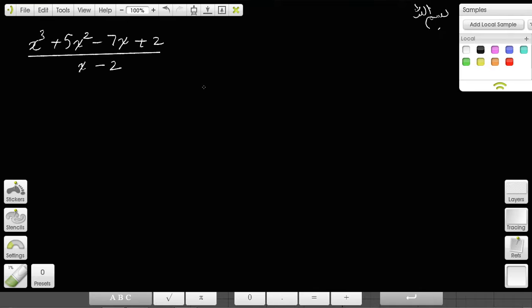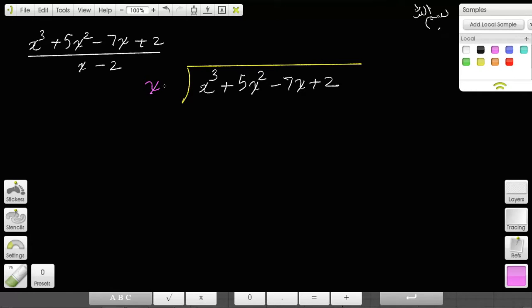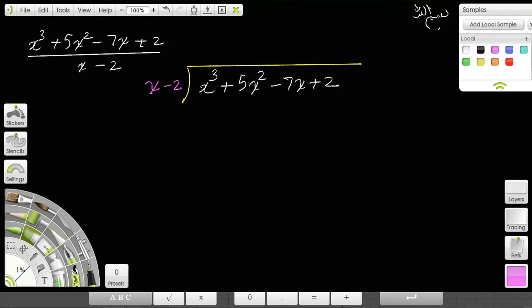If you recall, you just write x cubed plus 5x squared minus 7x plus 2, making sure you fill any missing x terms with 0x. And then you put the divisor x minus 2 over here. So just rewrite it like this.